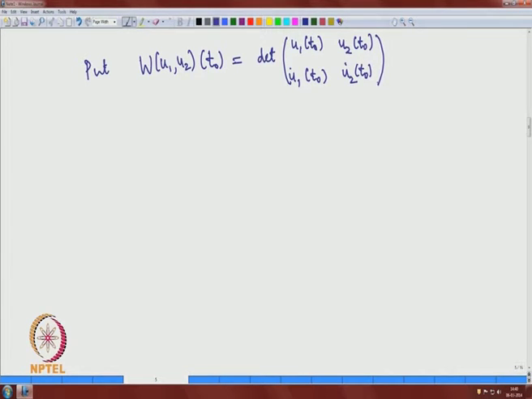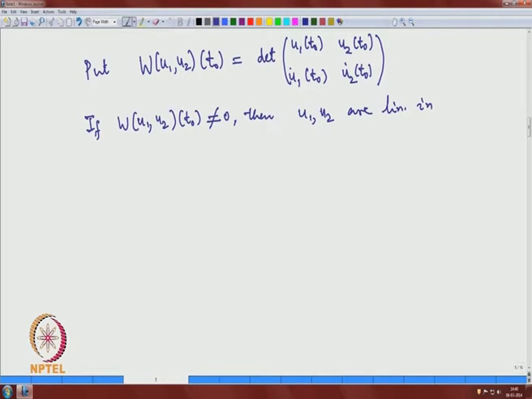Okay. So, what we saw in the previous slide is that if W(U1, U2)(t0) is not 0, then U1, U2 are linearly independent.